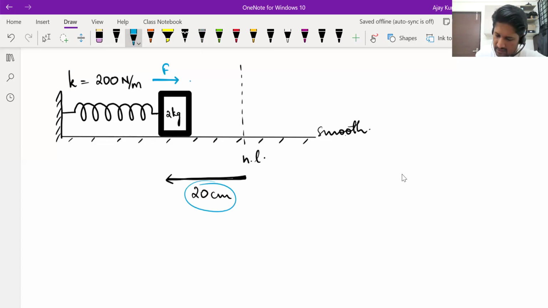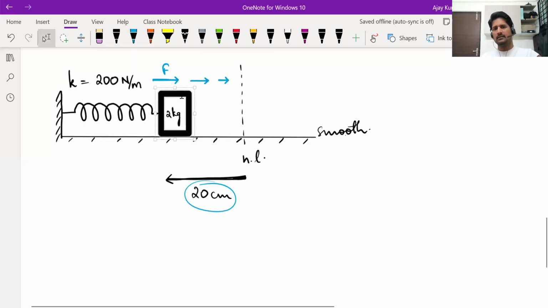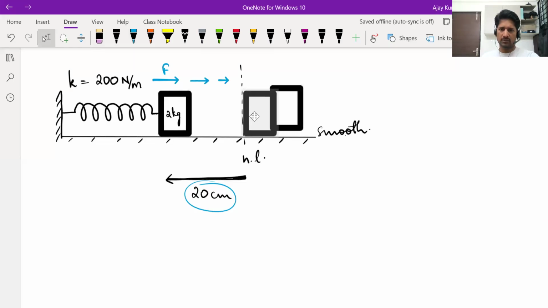And compression is decreasing, so the force will also decrease. So we can indicate the force with an arrow which is becoming shorter and shorter. This is the force that the block experiences. The spring will keep pushing the block till it goes to the natural length. The surface is smooth, so the block will slide under the influence of the spring force.